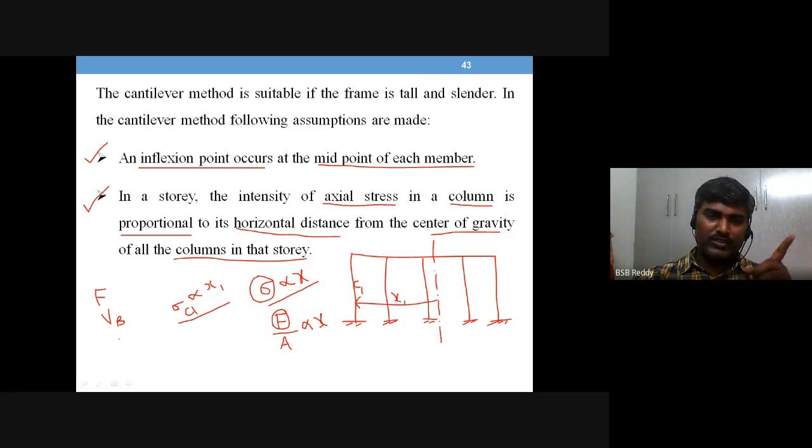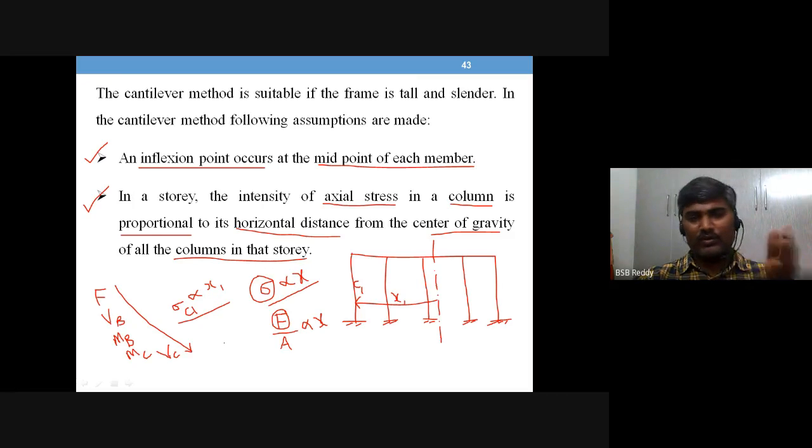Once you know beam shear, you are going to calculate beam end moment. Once you know beam end moment, you are going to calculate column end moment. Once you know column end moment, you are going to calculate column shear. This is the flow of steps. Anyhow, we will be discussing them.